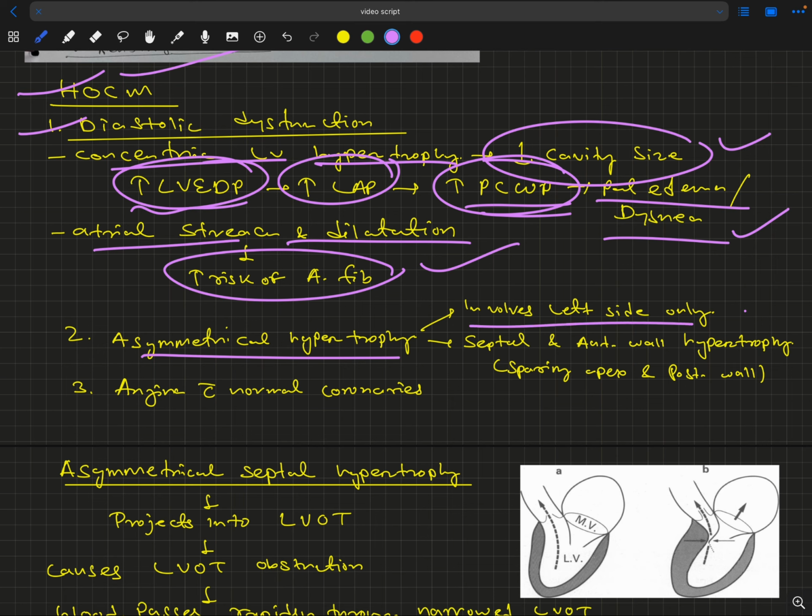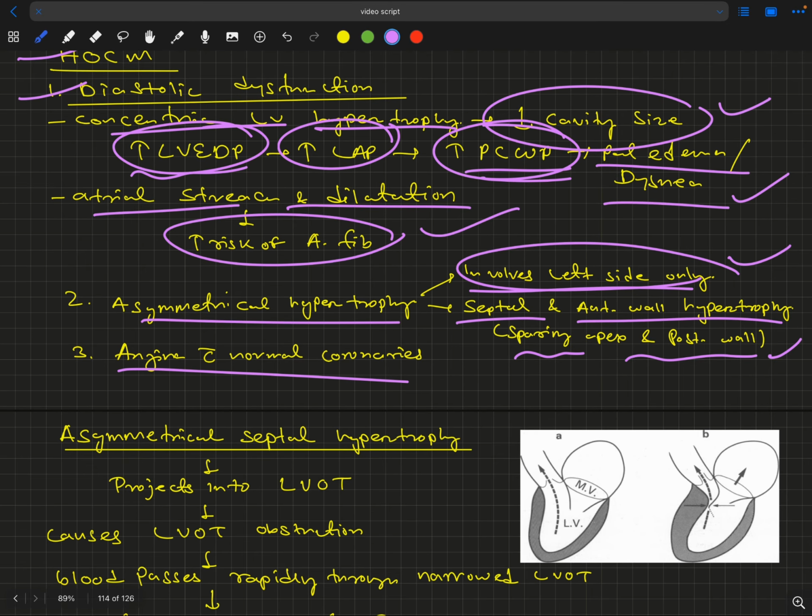Because it involves only the left side, with septal and anterior wall hypertrophy, sparing the apex and posterior wall. Most commonly it is seen in the septum. There is also a risk of angina developing in hypertrophic obstructive cardiomyopathy.